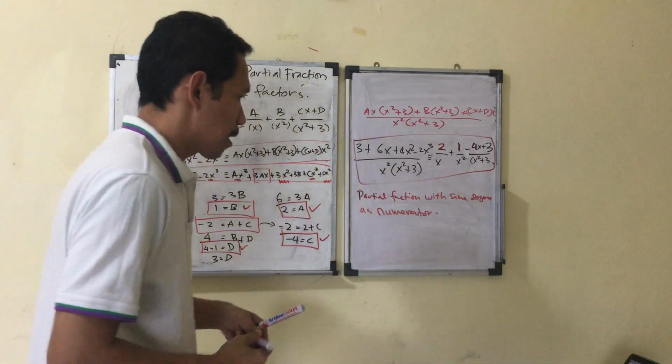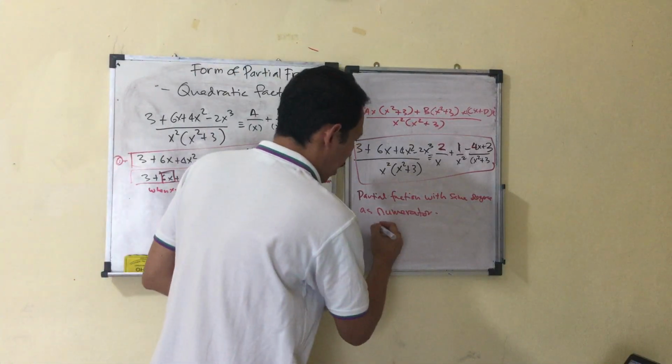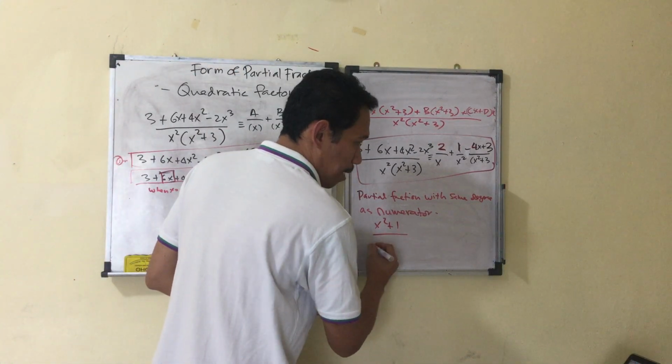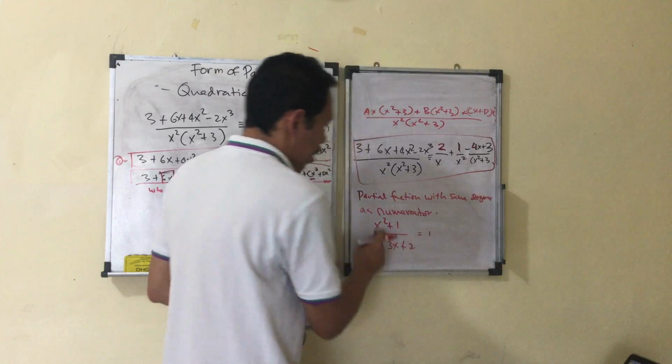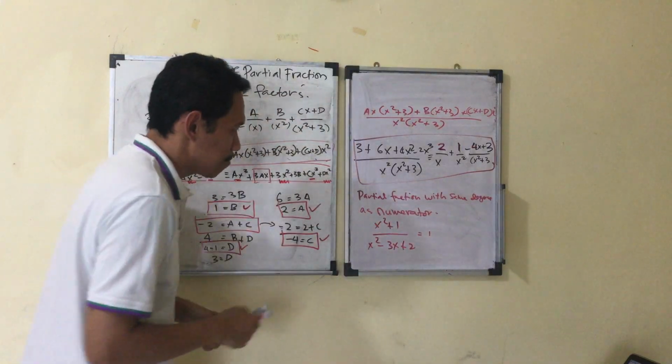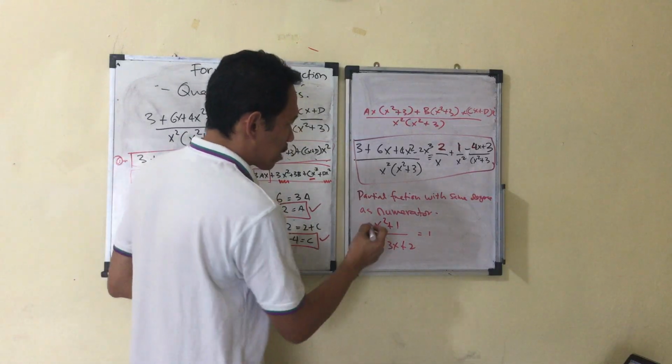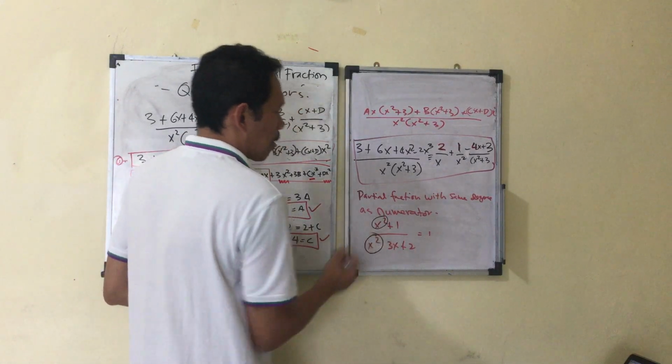So let's say, for example, that you have x squared plus 1 divided by x squared minus 3x plus 2. You can see here the numerator and denominator actually have the same degree.